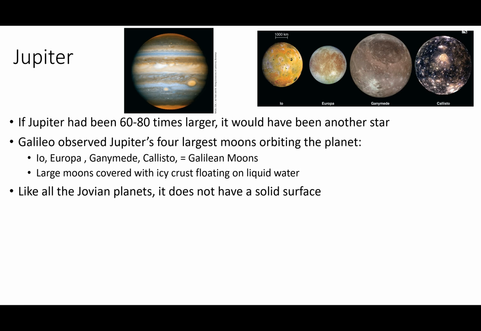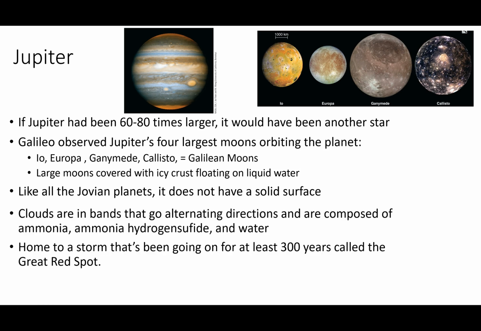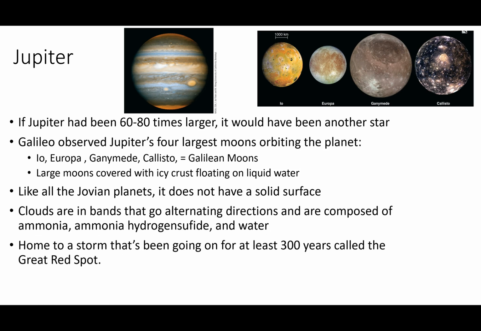Okay, so Jovian planets. Are you guys okay that Jovian means gas giants? Jovian and gas giants are interchangeable. No solid surface, but they have a cute little core, a little rocky thing in the middle. The clouds are made of an assortment of things, including ammonia, hydrogen phosphide, and water.